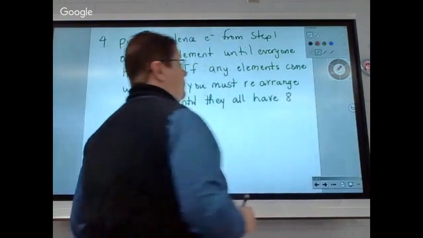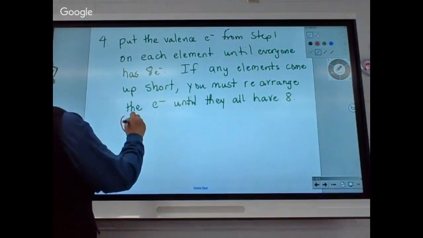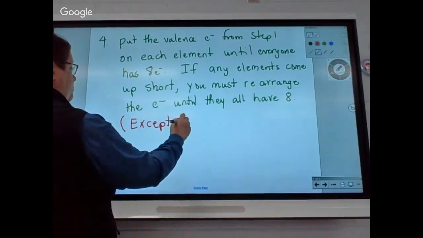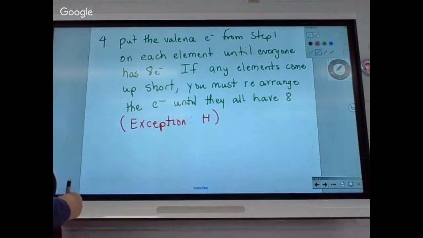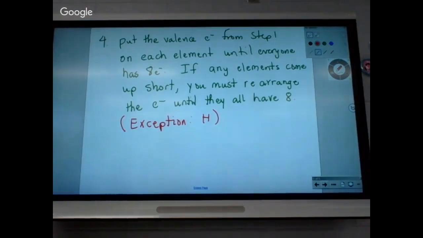Now, there's one exception that I'm going to put here right now, and that is hydrogen. I'll do an example with that one shortly. Let's just say you added up 32 electrons. When you put in the 32 electrons, everyone must have 8.